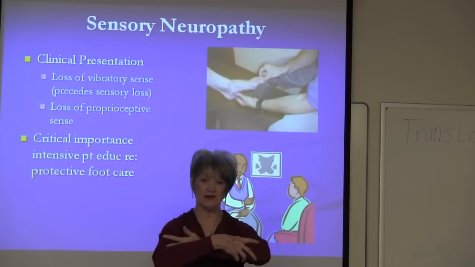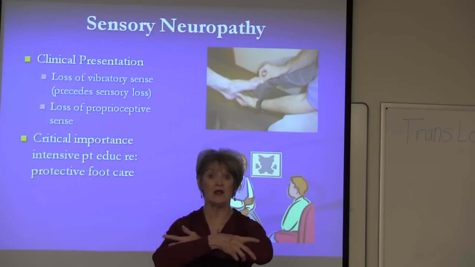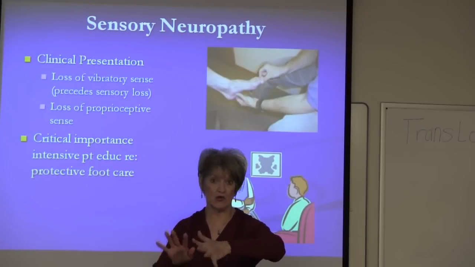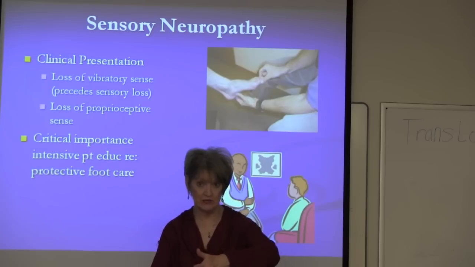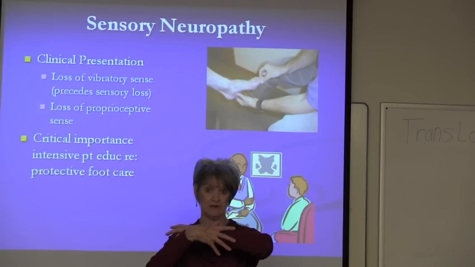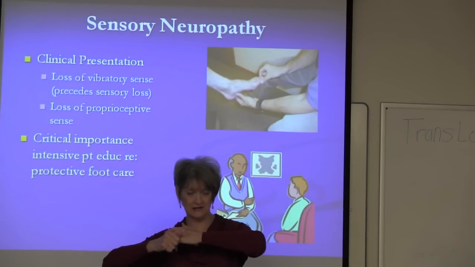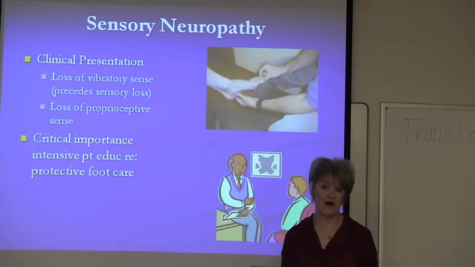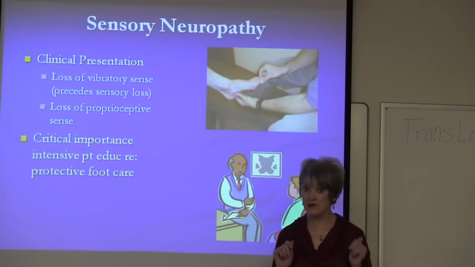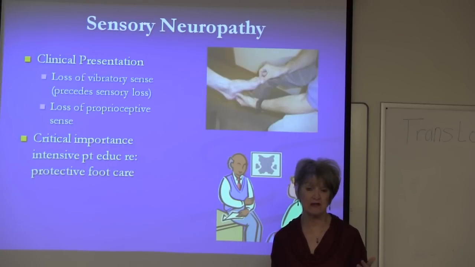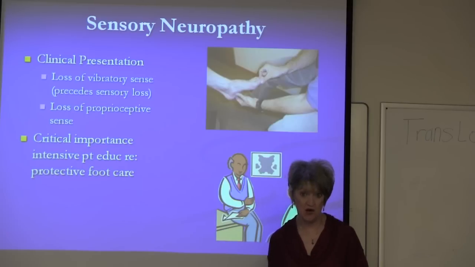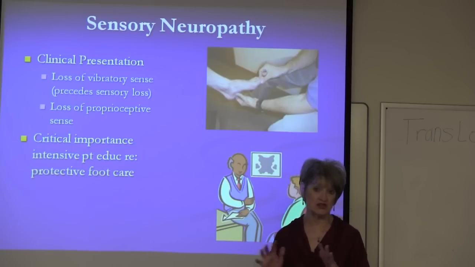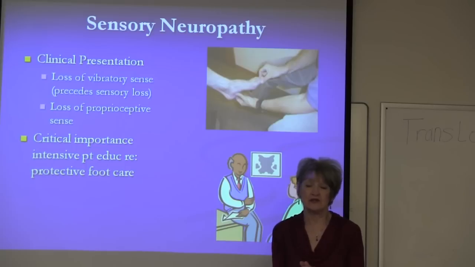And you know how if your foot gets right on the edge of the step, you immediately recognize that, and that tells you to lean back, lean against the side rail. That helps protect us from falls. Once diabetics lose that, they become higher risk for falls because they don't really know where their feet are in space and in relation to other objects.